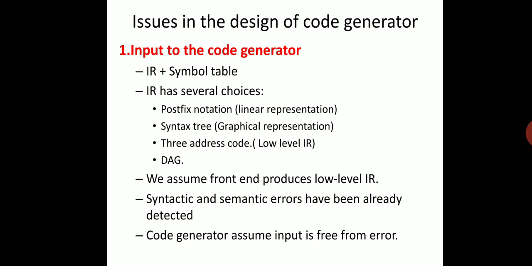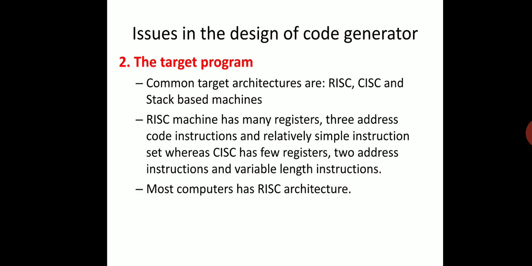So the code generator has to assume that the front end has produced the low level IR, and that syntax errors and semantic errors are already removed from the program. So whatever program the code generator has received is error free code.